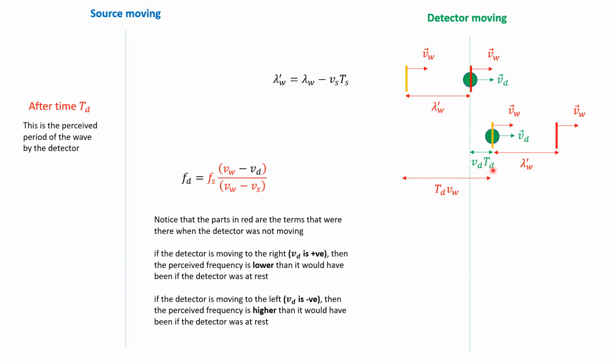Now, if the detector is moving to the left, it will feel the wavefronts faster, so the time will be shorter, and the frequency should be higher. And that's exactly what you see here: when VD is negative, negative times negative is positive, and the frequency is a bit bigger. So this formula takes into consideration all the possible movements of the detector and the source.